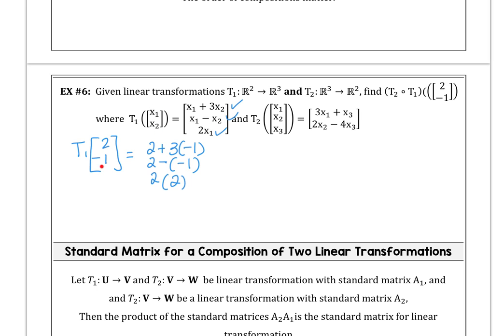This is our x1, this is our x2. We're following this rule here. So what does that give us? That's going to give us 2 minus 3, 2 plus 1, and 2 times 2.